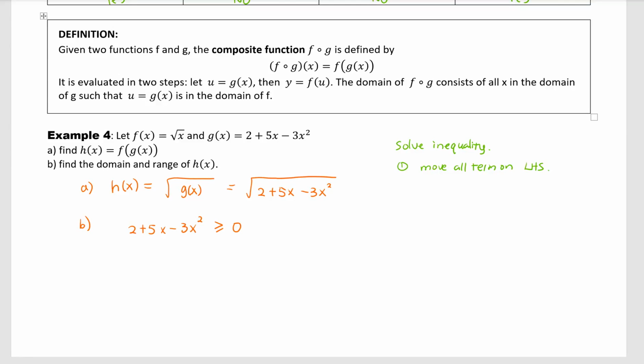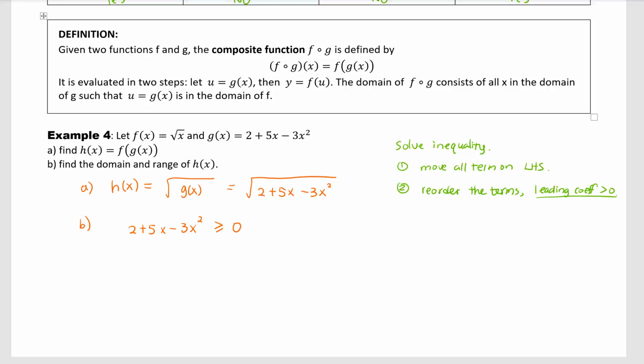Second step, I would say you want to reorder the terms and make sure the leading coefficient is positive. This is my habit. I would like to have my leading coefficient to be positive.